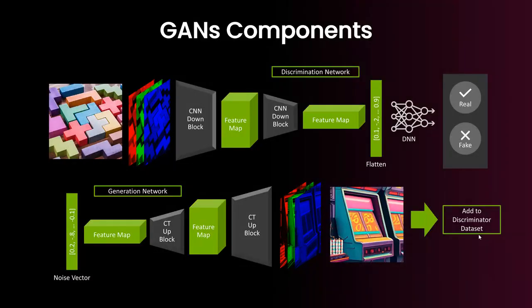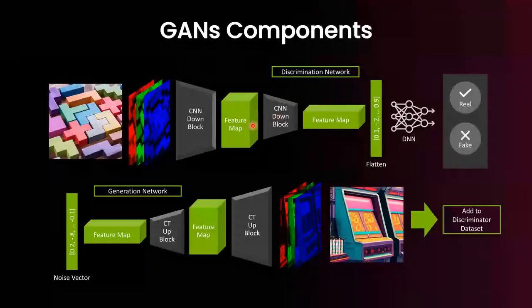The other component is the generator, which creates the fake images that the discriminator will be trained to judge. The generator architecture, as you will see here, is very similar to the discriminator architecture, but in reverse.